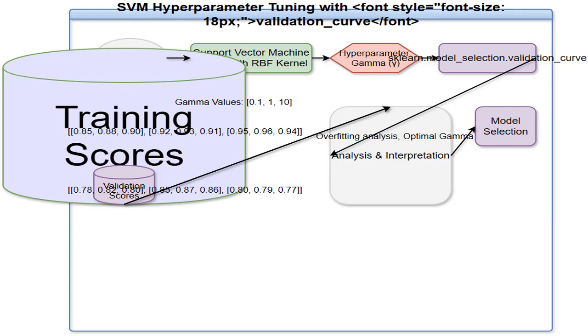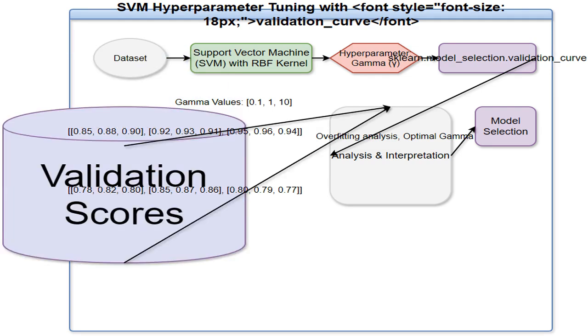These scores, 0.85, 0.88, 0.90, 0.92, 0.93, 0.91, 0.95, 0.96, 0.94, show how well the model performs on the data it has already seen. Higher scores are better.